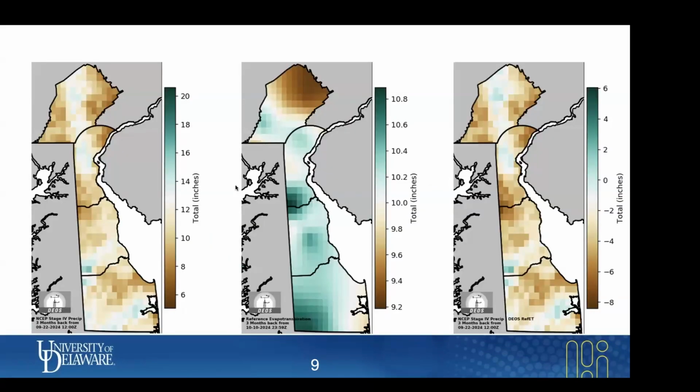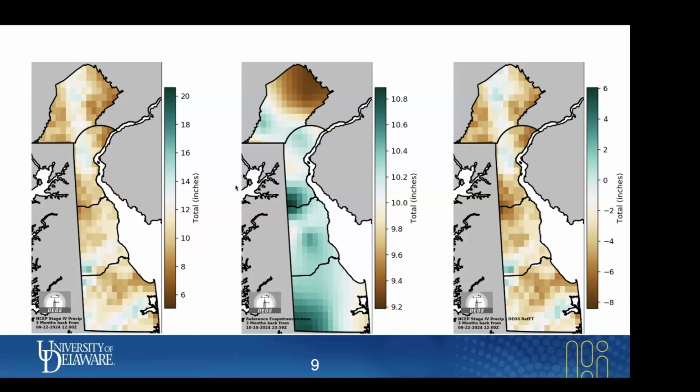We don't just aggregate the data at a county level, though. We're utilizing our DEOS datasets and other resources like an NCEP Stage 4 precipitation dataset to estimate precipitation at a high resolution for Delaware. Our dense network of DEOS stations also allows us to get a good picture of evapotranspiration conditions in the state, which is essentially the amount of water the environment is demanding.